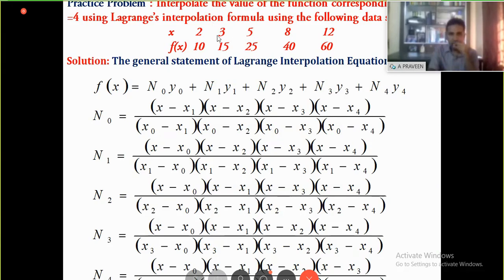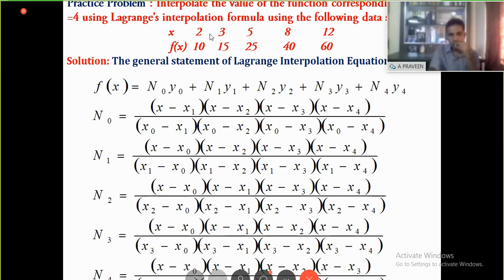Now what we try to do is make a general polynomial comprising the entire data. That polynomial will help us get any missing data which is not reported in this table.